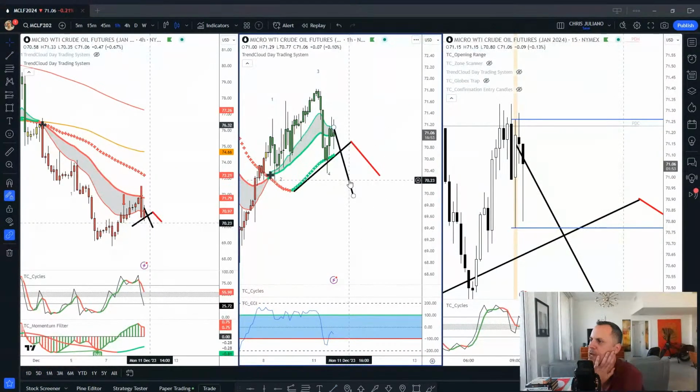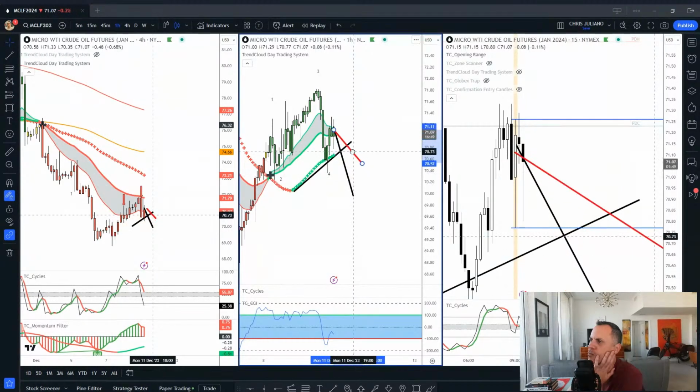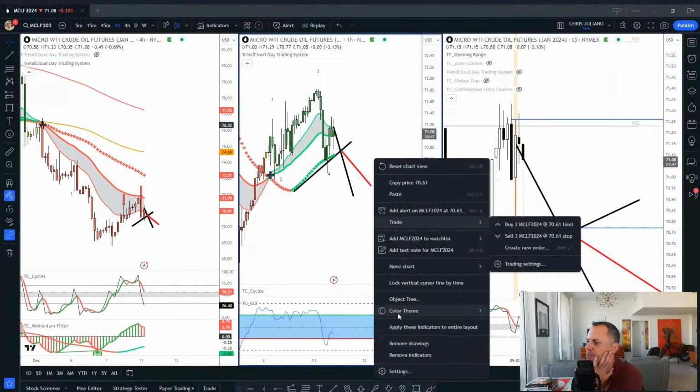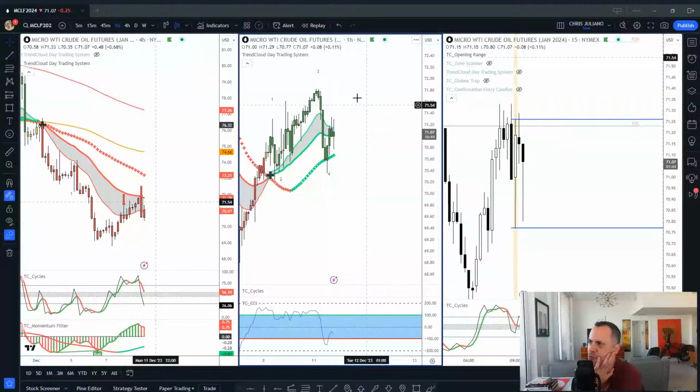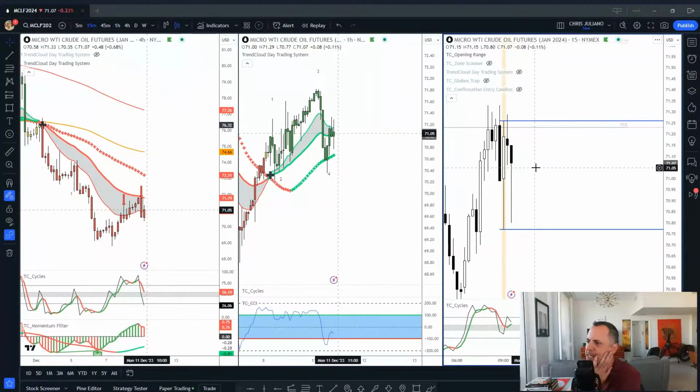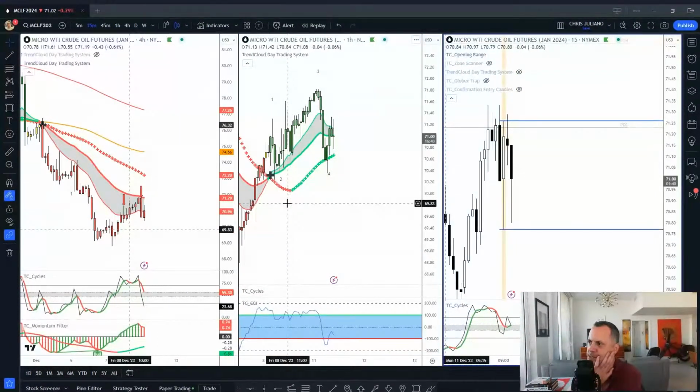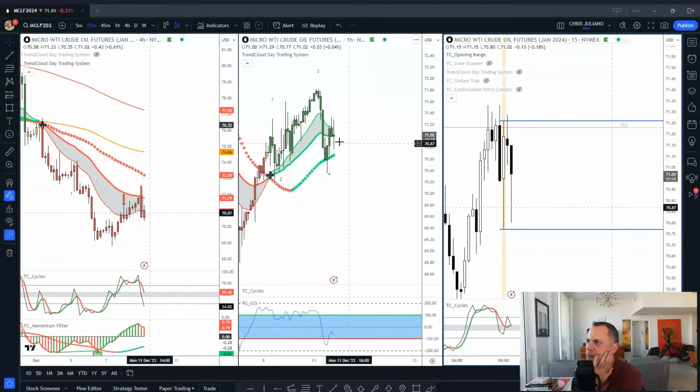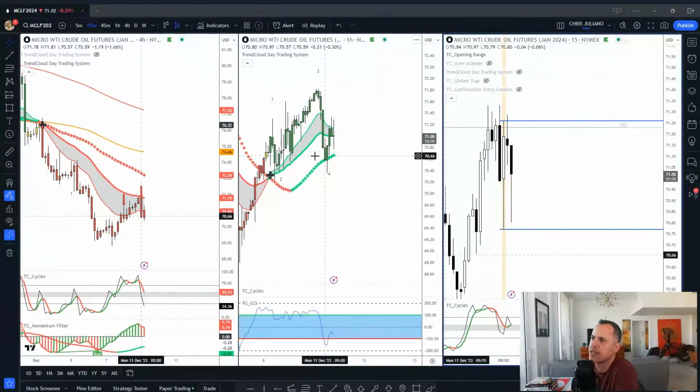We want this to be red. Red candles crossing below. We need some red here, right? And it's not giving it to us. Okay. It's getting stopped, right? We're getting stuck here.